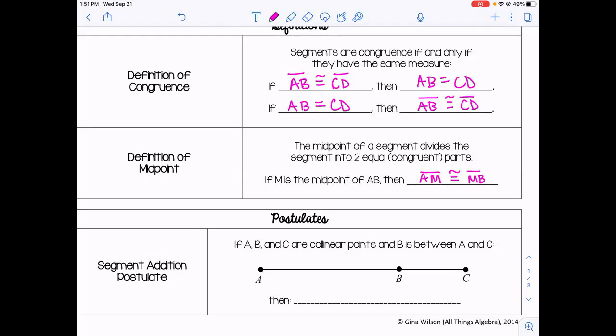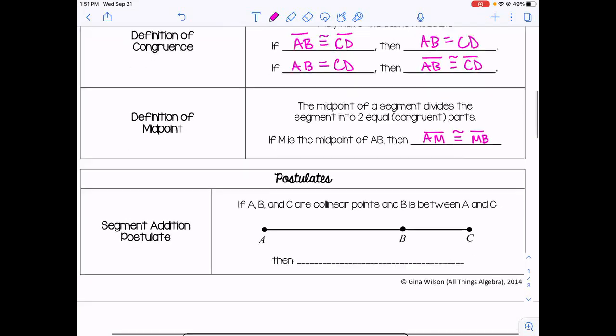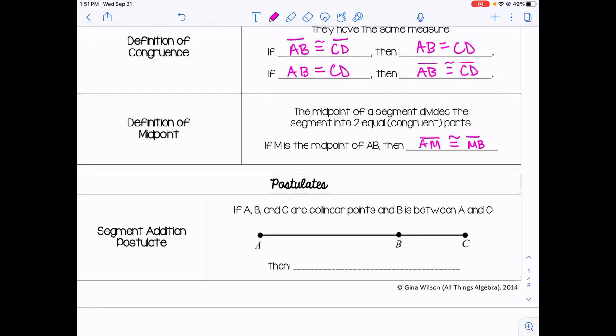In your given information, if you have anything about a midpoint, one of your steps in your proof better be that right there. If you have a midpoint, you have 2 congruent pieces. Makes sense. So what would the explanation be? Would that be the reasoning? Like this would be your statement and this would be your reason. Definition of midpoint.